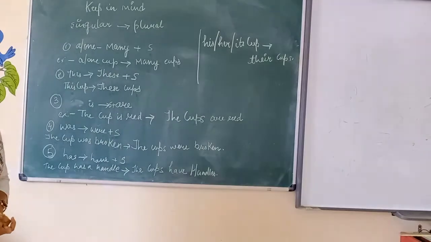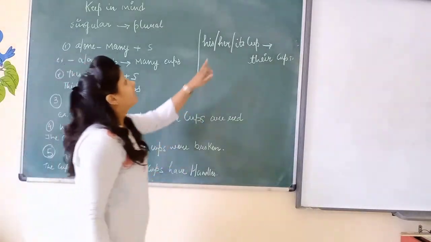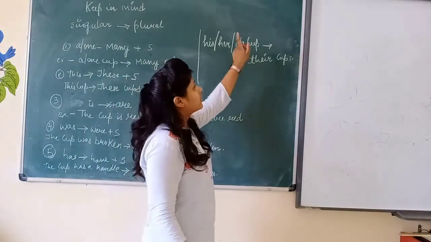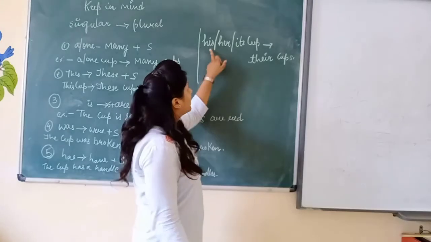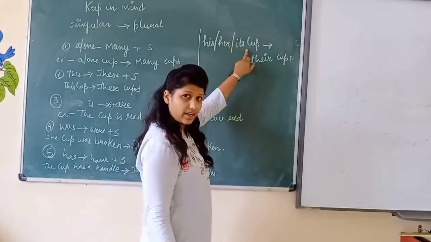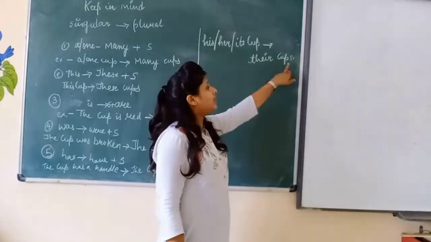Now, the last thing which we need to keep in our mind is that his, her, its changes to their. For example, his cup, her cup, its cup will change into their cups.